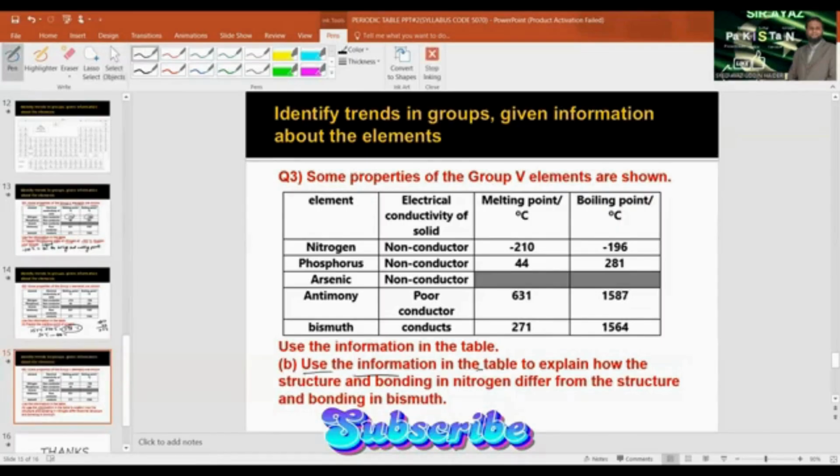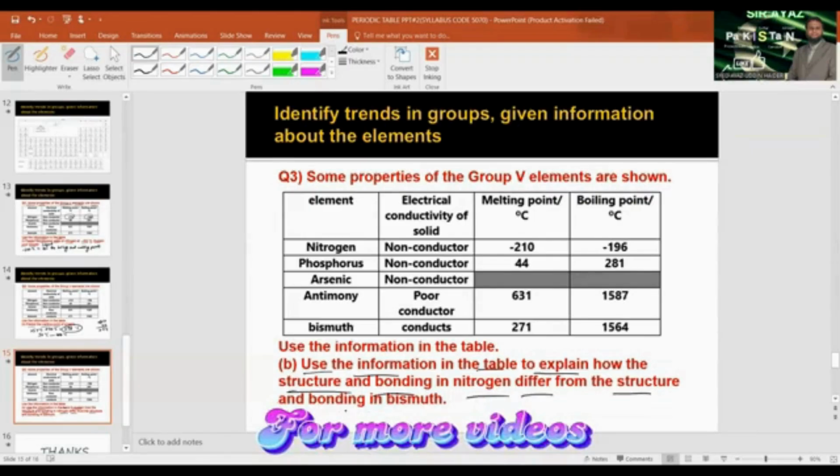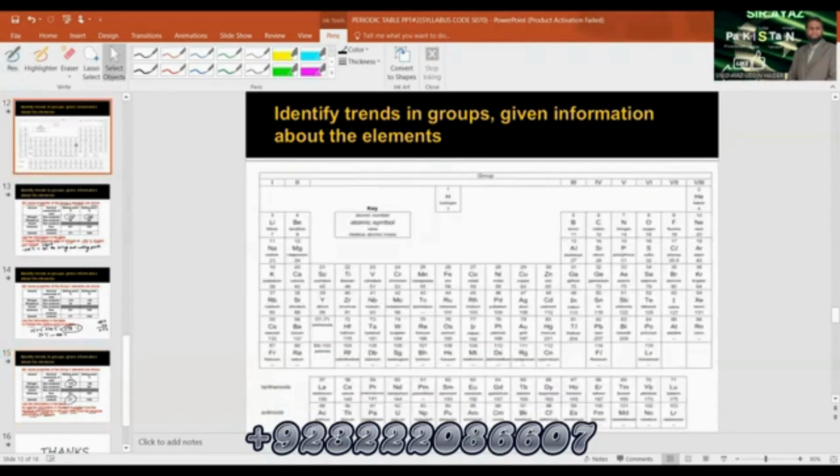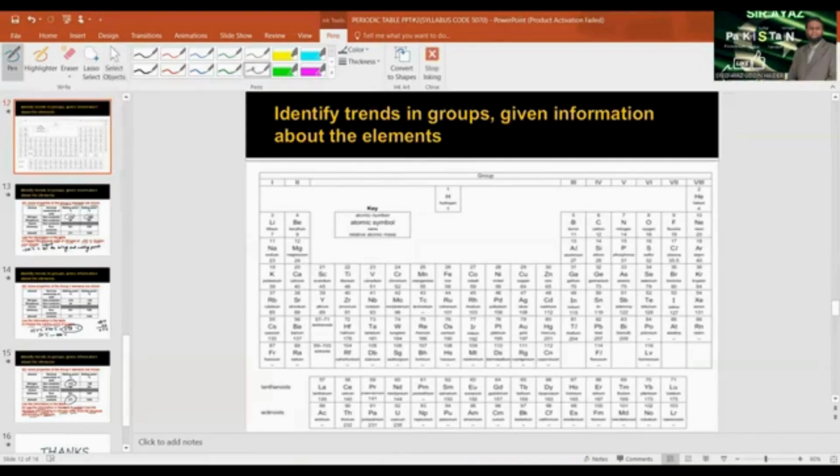Use the information in the table to explain how the structure and bonding in nitrogen differ from the structure and bonding in bismuth. Now, if you look at the melting point of bismuth and nitrogen, there's a big difference. The melting point and boiling point both are higher. Nitrogen is a non-metal, bismuth is a metal. Where is bismuth?